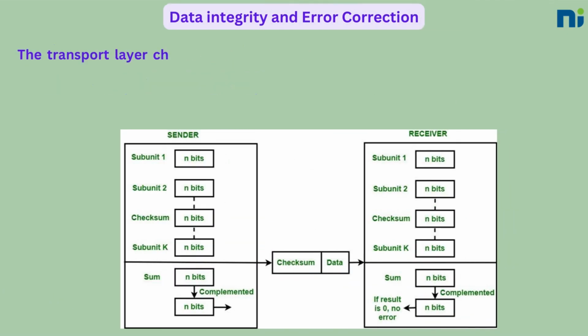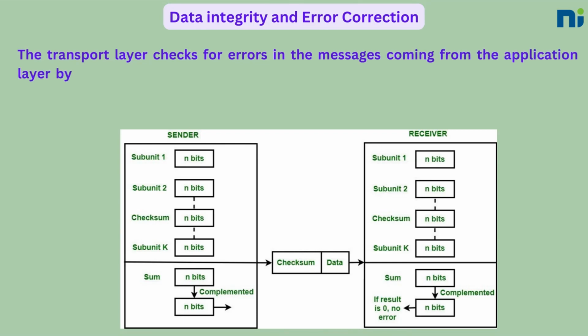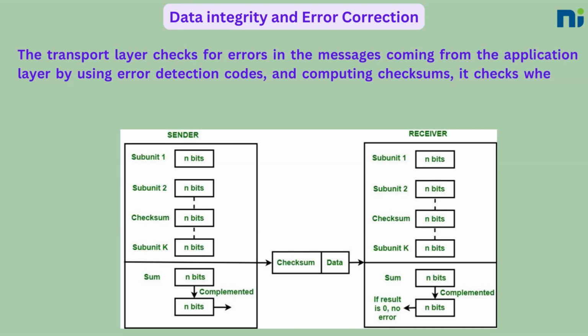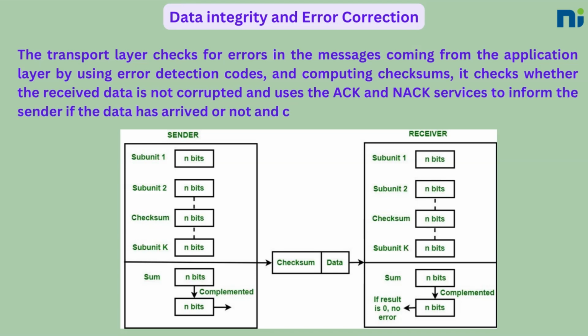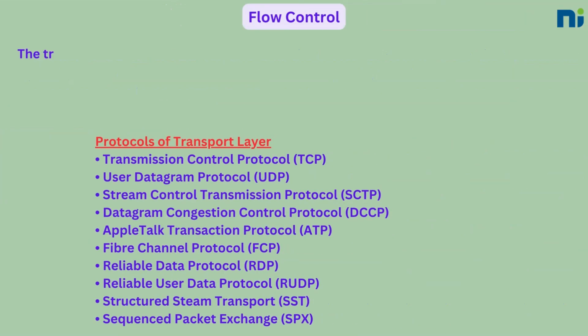Data integrity and error correction. The transport layer checks for errors in the messages coming from the application layer by using error detection codes and computing checksums. It checks whether the received data is not corrupted and uses the ACK and NACK services to inform the sender if the data has arrived or not, and checks for the integrity of data. Flow control.